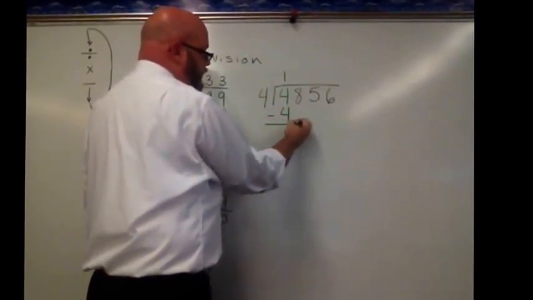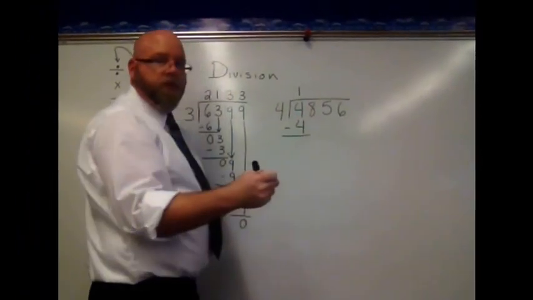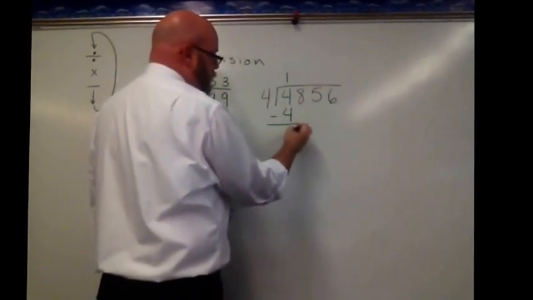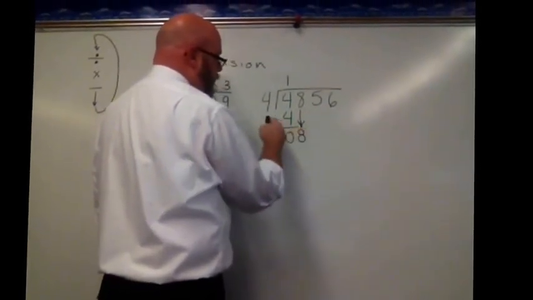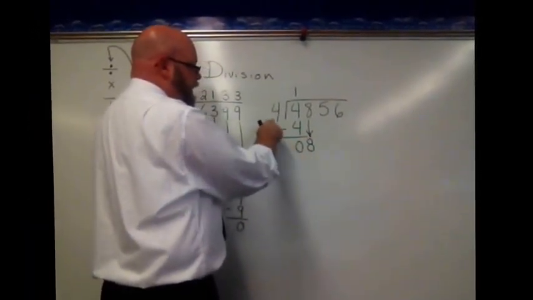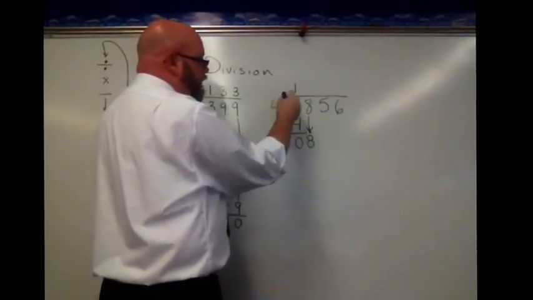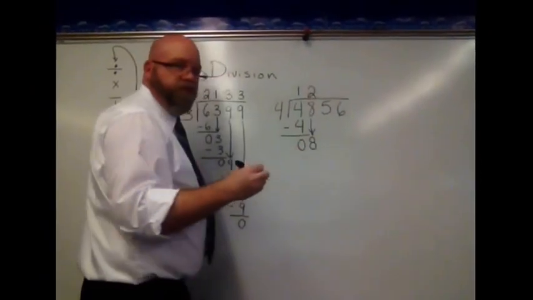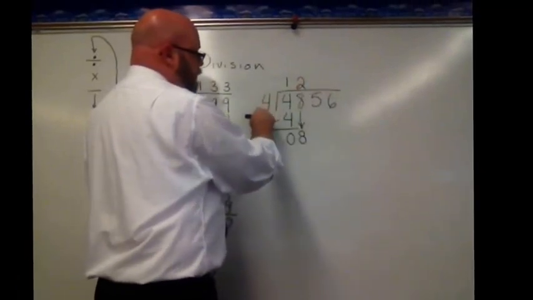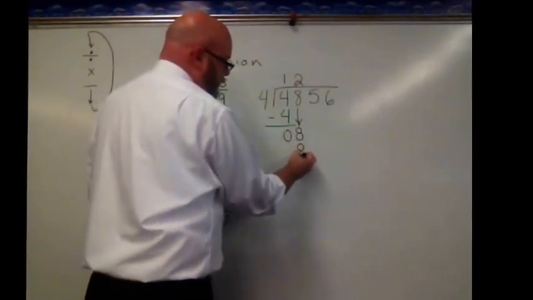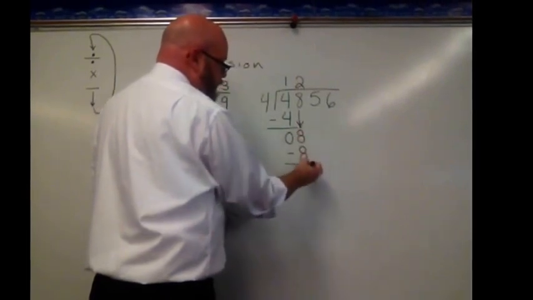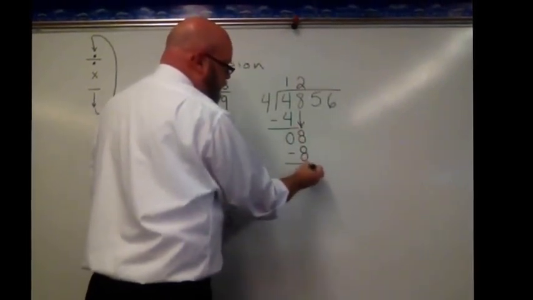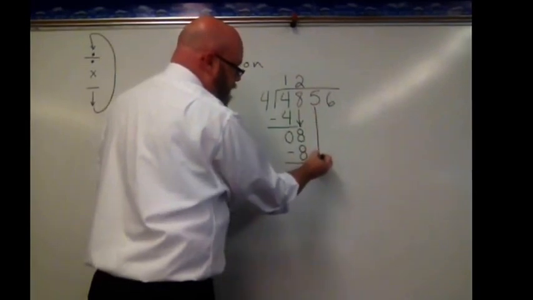Now I subtract. 4 minus 4 is 0. And I can bring down my 8. 8 divided by 4 is 2. It's my division step. 2 times 4 is 8. Now I subtract. 8 minus 8 is 0. I can bring down my 5.